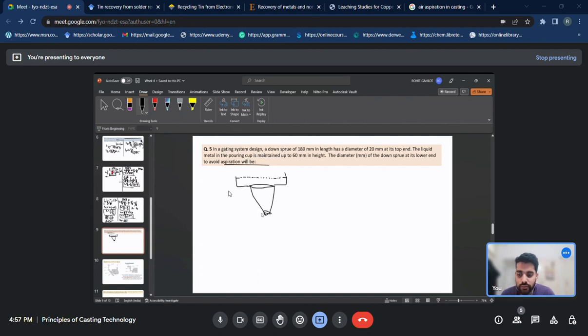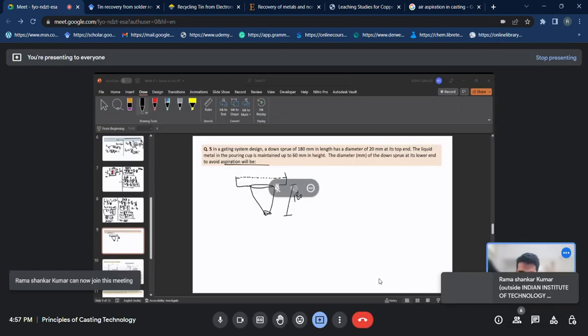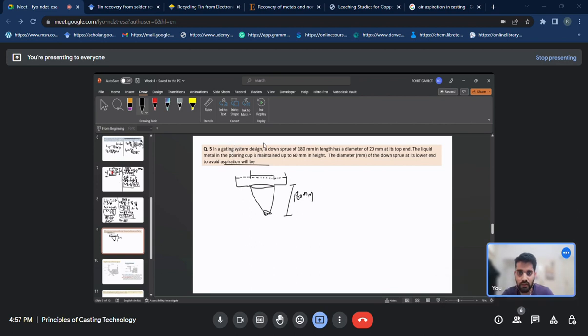So this height is 180 mm, and the diameter D2 is 20 mm.